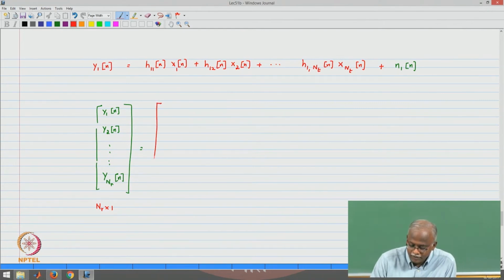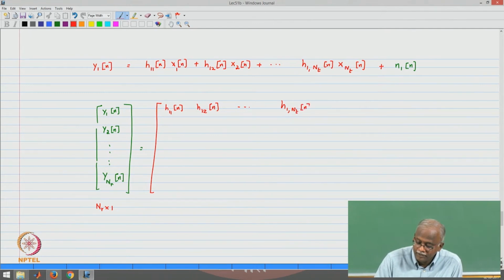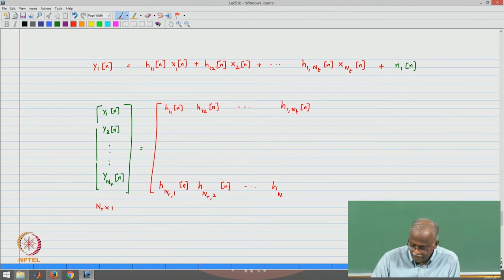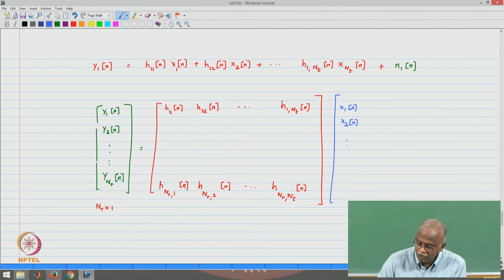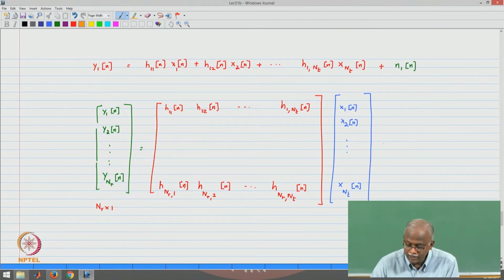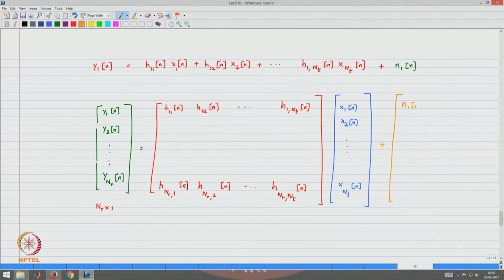The matrix in the middle, the channel matrix, would be H11 of N, H12 of N all the way to H1 comma NT of N. The last row will be HNR comma 1 of N, HNR comma 2 of N dot dot dot, last term will be HNR comma NT of N, and this is multiplied by the signal transmitted by each of the transmit antennas, that would be X1 of N, X2 of N all the way to XNT of N, and each of the receive antennas has its noise component represented by N1 of N, N2 of N all the way to NNR of N.